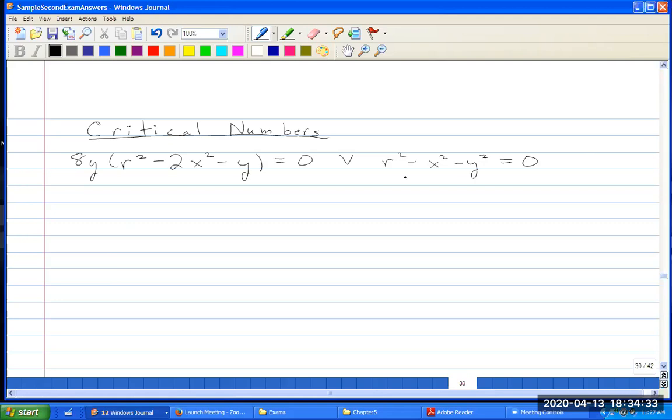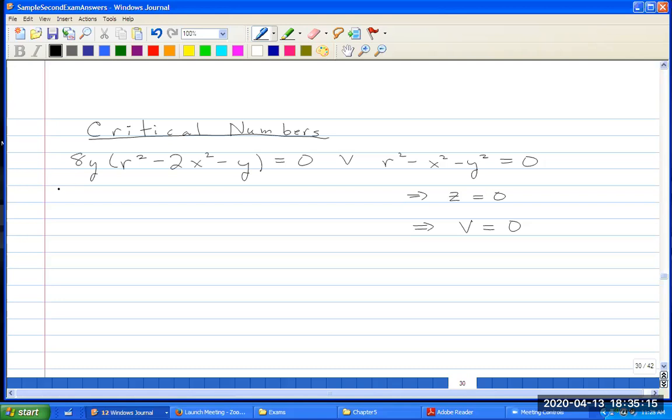Note, this would say that x squared plus y squared equals r squared, which would imply that z equals 0, which would imply that the volume would equal 0. So I know that that's not going to be a maximum. So this is certainly not going to be a maximal point here.